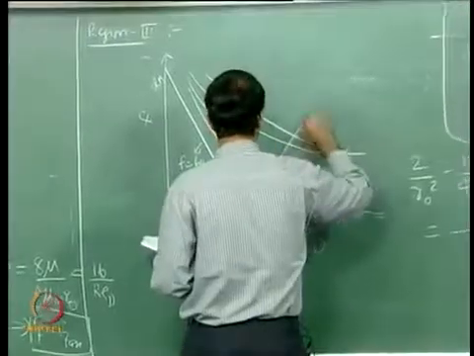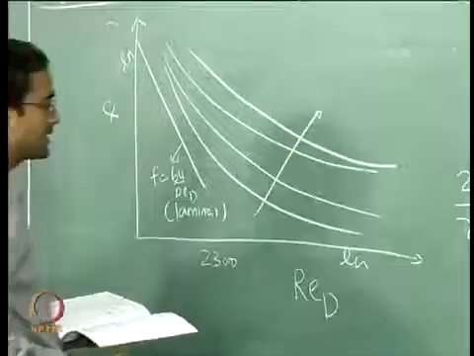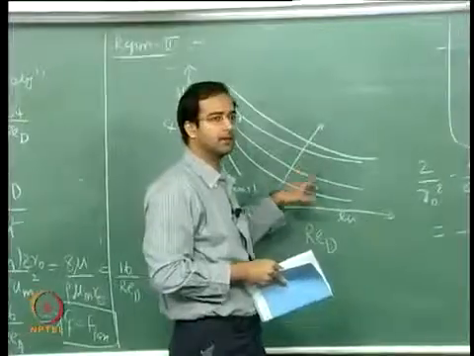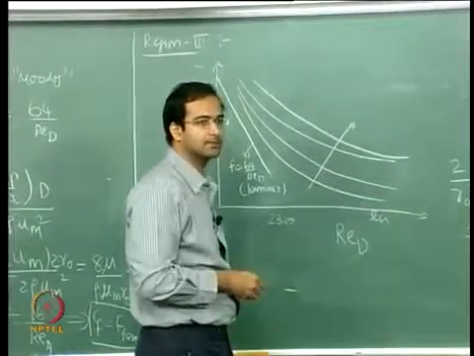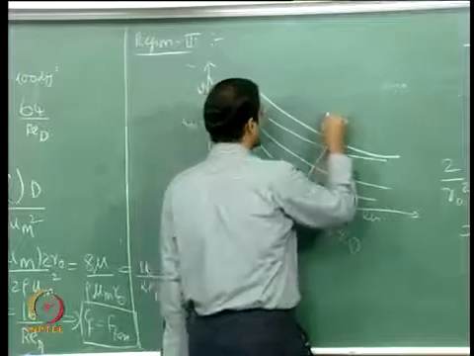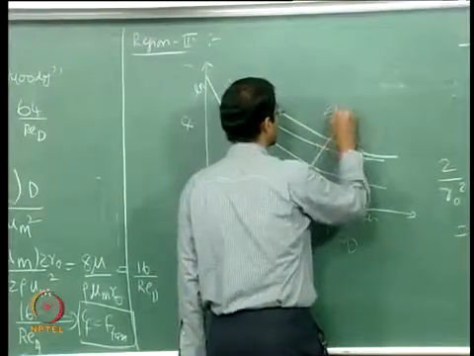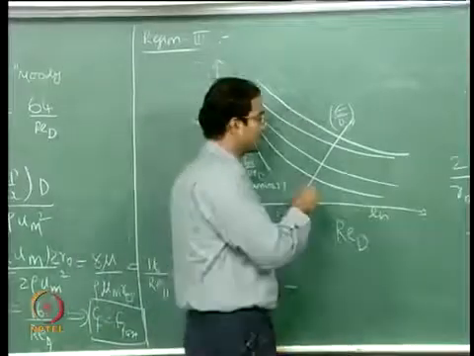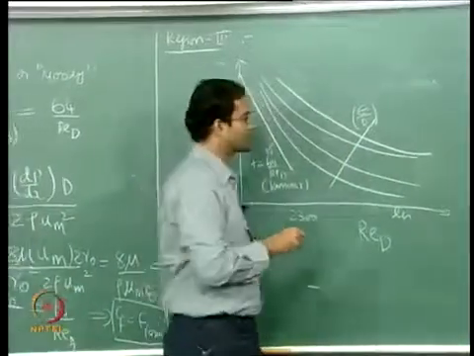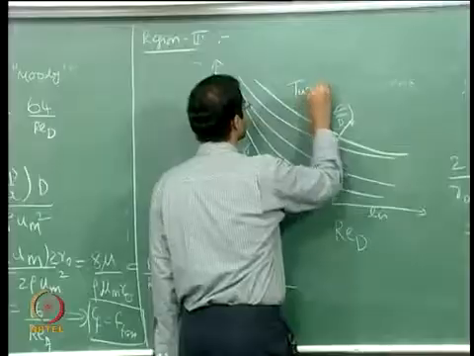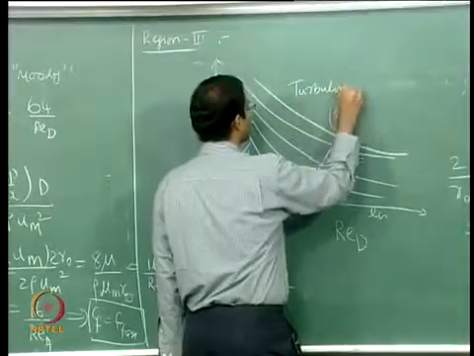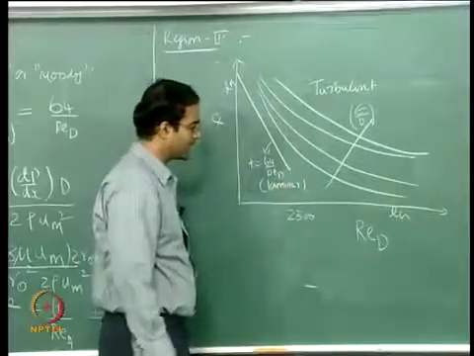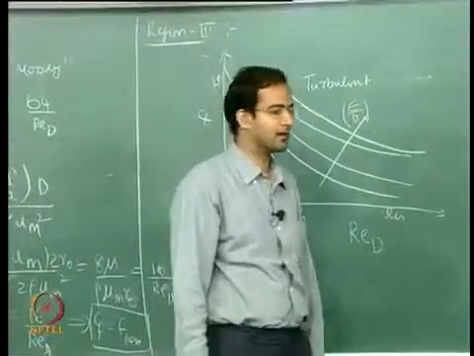What these multiple lines indicate is the friction factor is not only a function of Reynolds number, but it is also a function of the roughness. So you plot what is called a non-dimensional roughness, that is roughness height divided by the diameter of the tube. With increasing roughness your friction factor increases, so this is completely turbulent, whereas in the laminar flow you find a linearly decreasing profile if you plot it on a log scale.